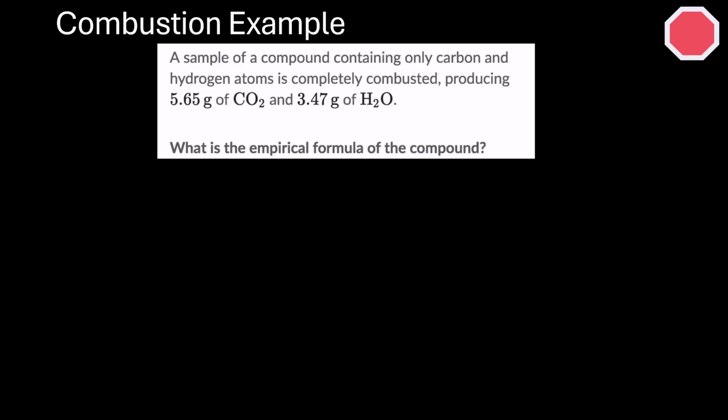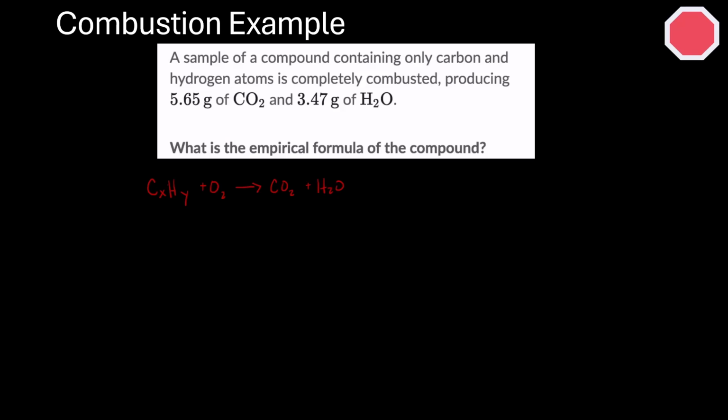Now, let's make sure that we understand what is going on. We have a mystery compound that contains only carbon and hydrogen. So we have a number of carbons, and I'll call that X, and we have some number of hydrogens, which I'll call Y. And then when placed in the presence of molecular oxygen, it combusts and produces carbon dioxide and water.